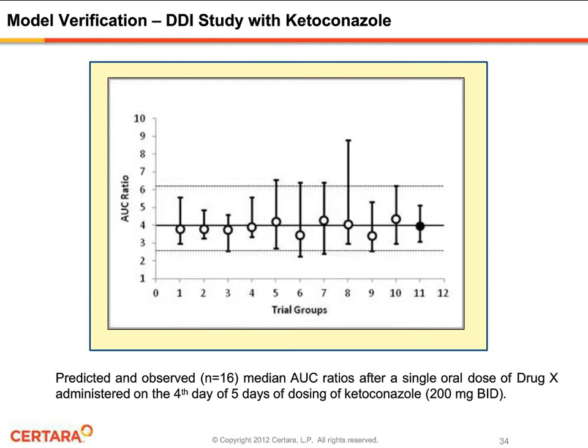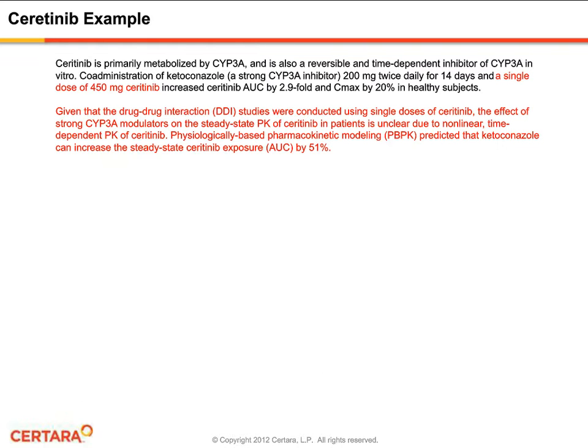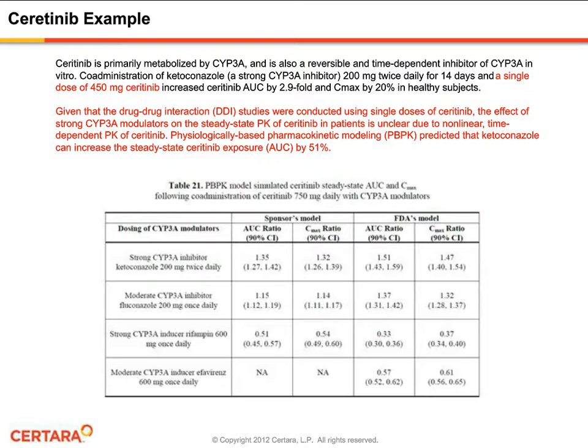Now, what I want to show you here is exactly the same as the Ceritinib example that appeared in the review, where Ceritinib is primarily metabolized by CYP3A4. It's a reversible and time-dependent inhibitor of CYP3A. A clinical study was generated, but in this particular case, a single dose of Ceritinib was given alongside ketoconazole, and it was shown that there was a 2.9-fold increase.